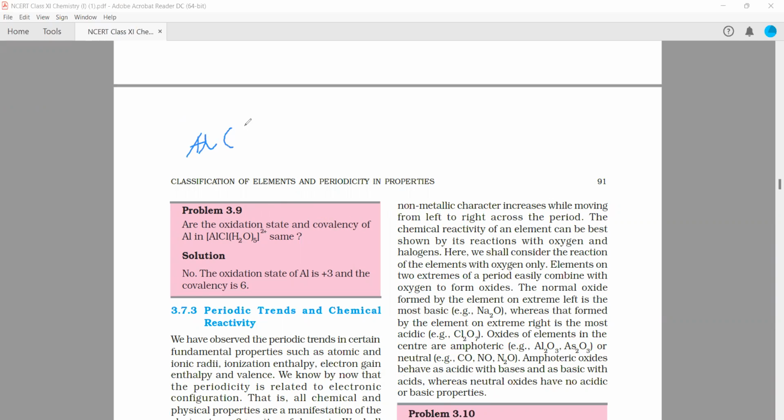then we have chlorine, then we have water molecule. We know that the water molecule is neutral, right? It is a molecule. And the whole charge is 2 positive. So how much charge will the water molecule have? It will have 0 charge because it is a molecule, not a charged species. And then you know that chlorine generally shows -1.